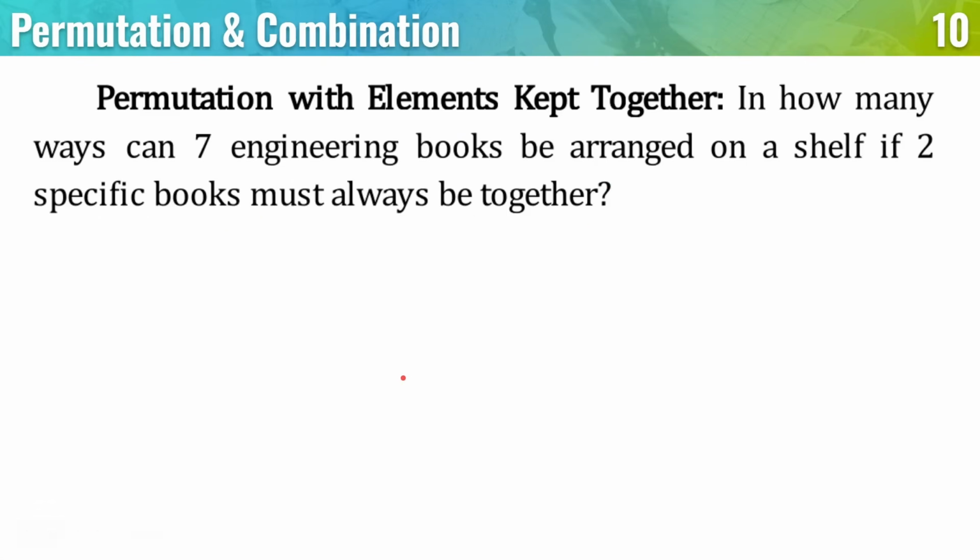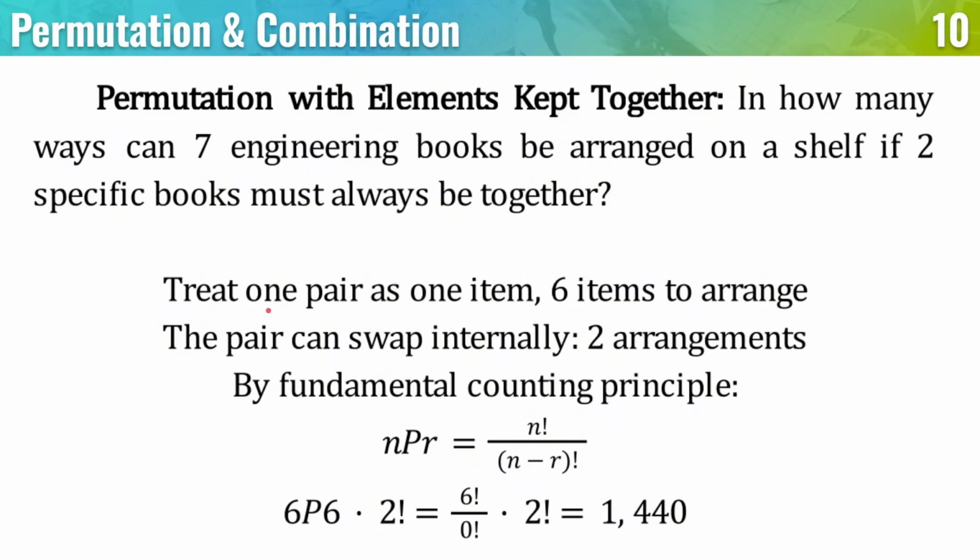Something to take note of is that when you treat one pair as one item, you have 6 items to arrange, but the pair can swap internally. For example, you have the books earlier represented by lines. If we have something like AB, it's going to be different than arranging the books like this, BA.